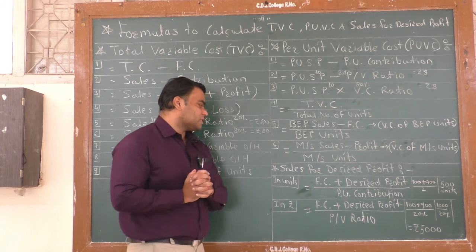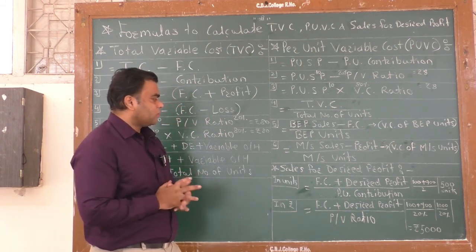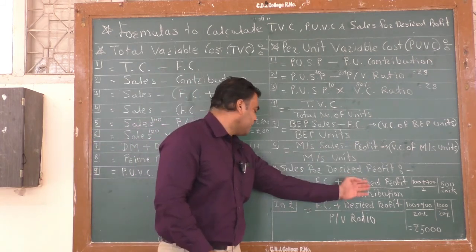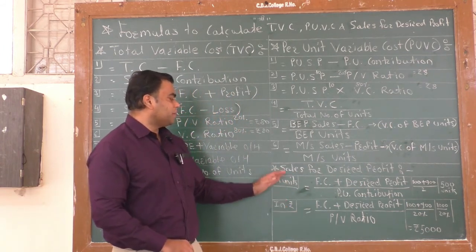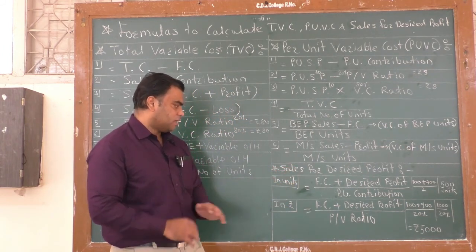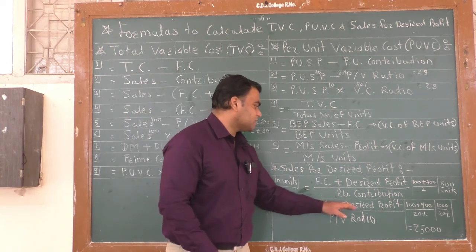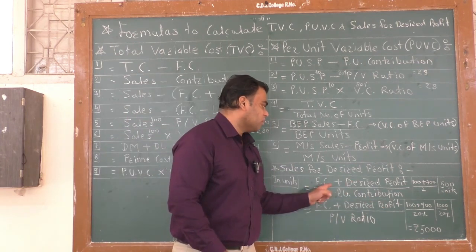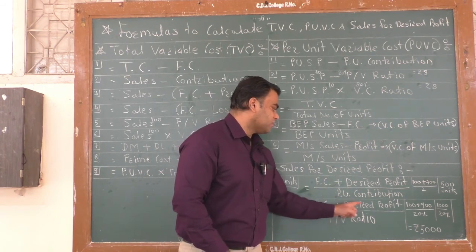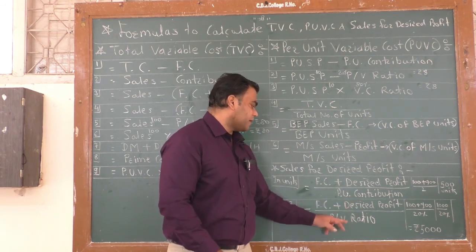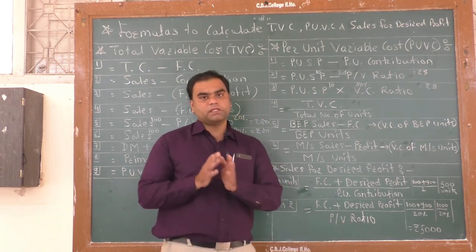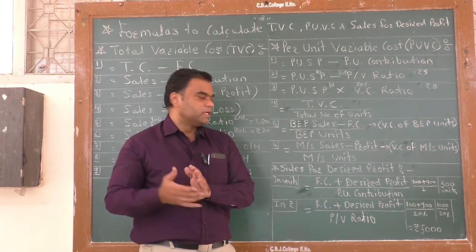Now we are going to understand the formula to calculate sales for desired profit in rupees. It is somewhat similar to the first formula: fixed cost plus desired profit divided by, instead of per unit contribution, the PV ratio, which is also called contribution to sales ratio.